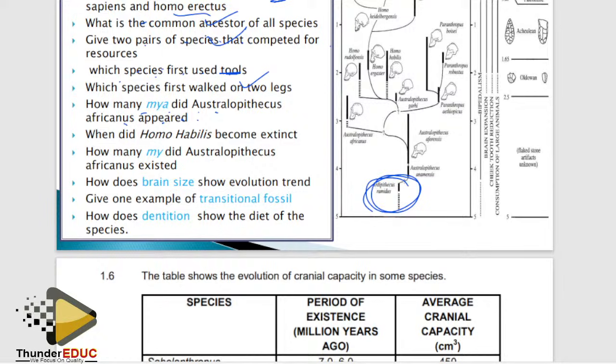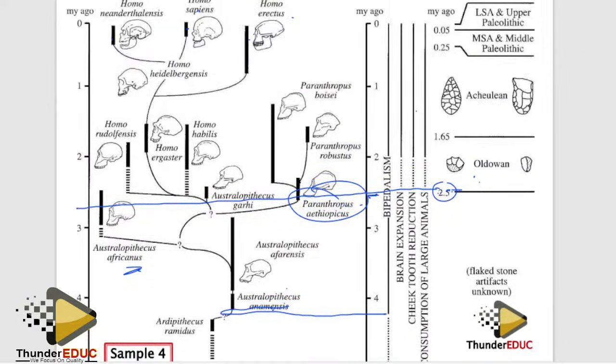How many million years ago did Australopithecus africanus appear? So you come back here on the diagram and then you see where it appeared. Australopithecus africanus, where is it? Africanus is here.